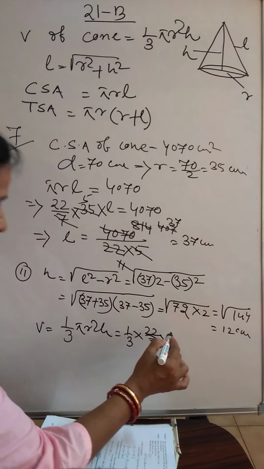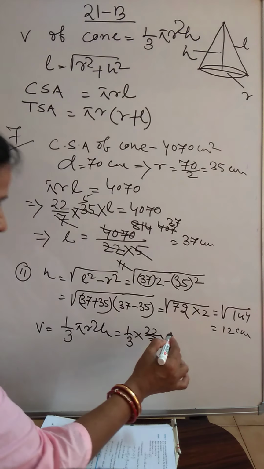So 22 into 5, 110. 110 into 4, 440 into 35. That is equal to 15400 centimeter cube.